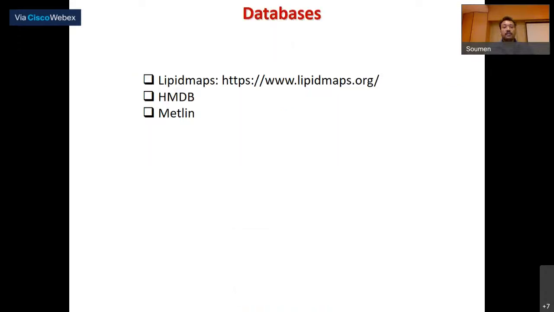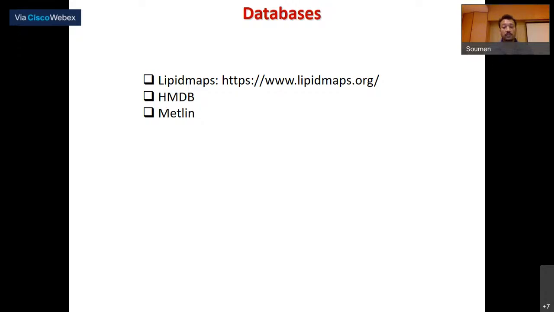While identifying lipids, the first thing you try to do is to take help of databases. There are quite a few databases available, and the most useful of them are LipidMaps, HMDB, also good for metabolites as we discussed, and then you have METLIN. In the case of METLIN and HMDB, you have experimentally reported spectra whenever available.